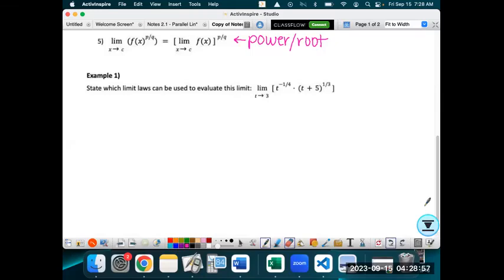All right, so this is what I got. I would do product first because I see that these factors are connected through multiplication here, so I can separate them using product.